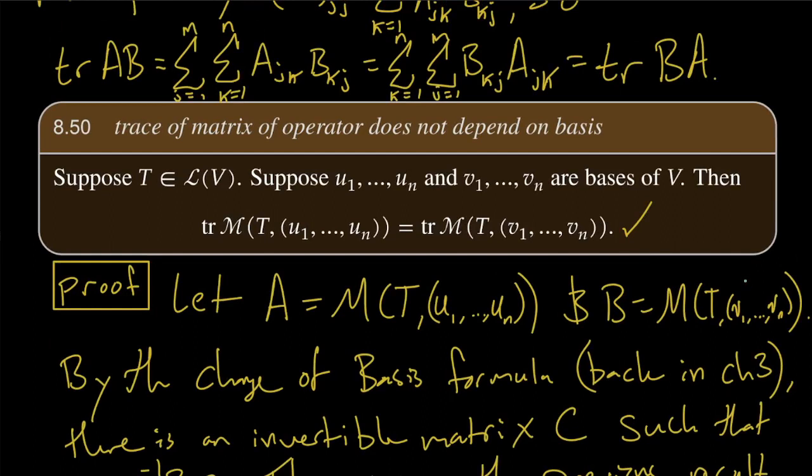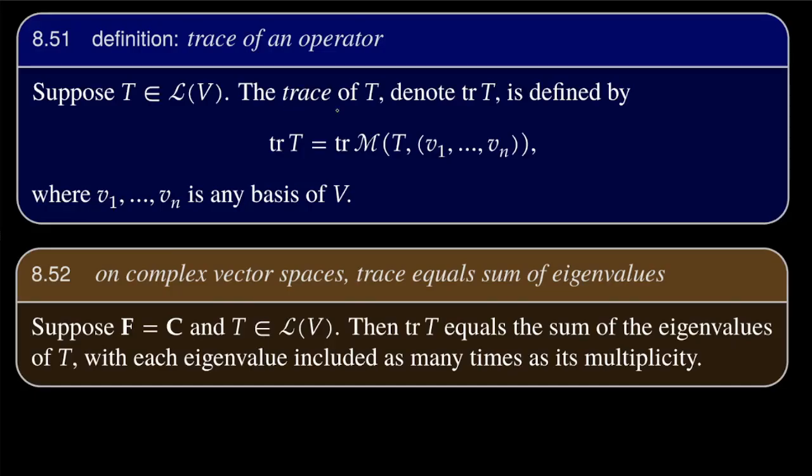Okay, so this will let us define the trace independent of a choice of basis and extend this notion that initially started just for matrices to operators. We'll see a cool connection to the spectrum of an operator next. Okay, so the trace of an operator, like we just said, is as follows.